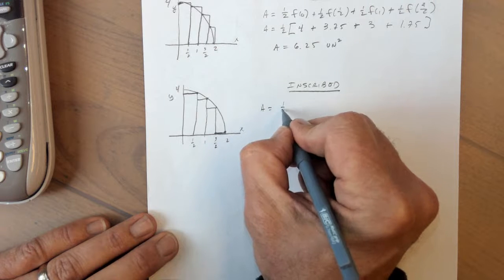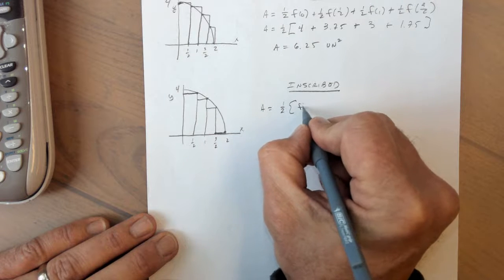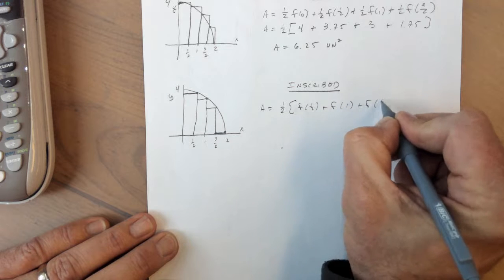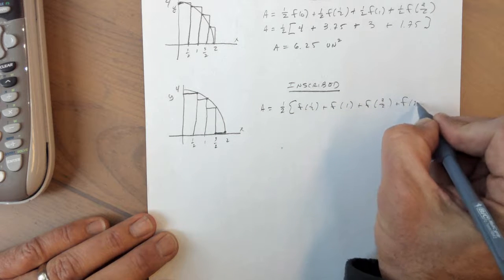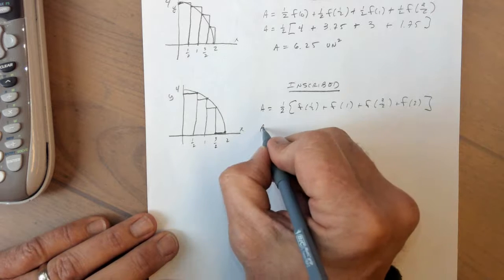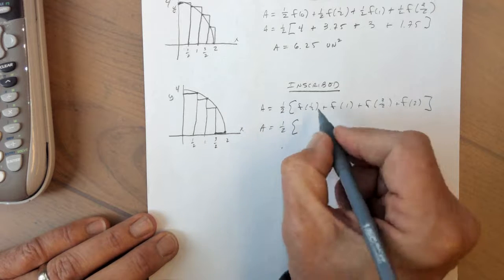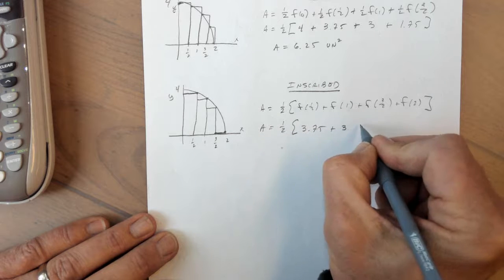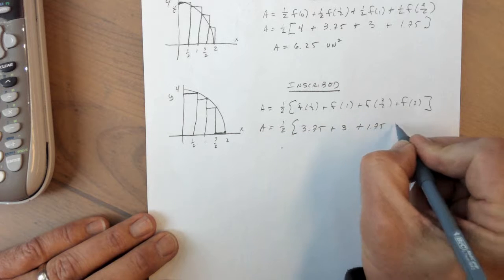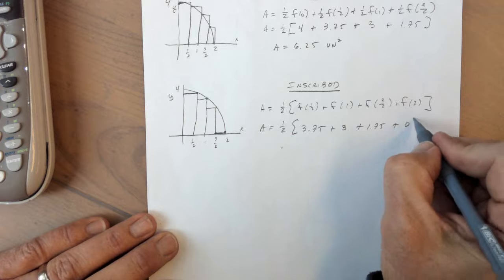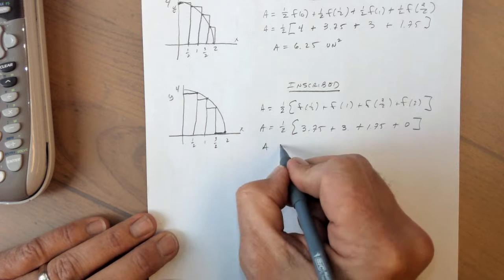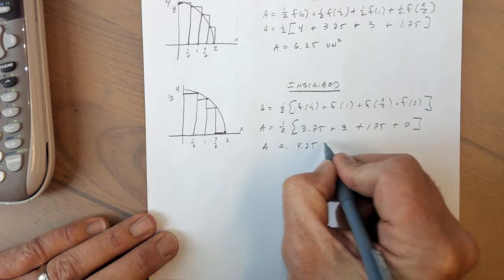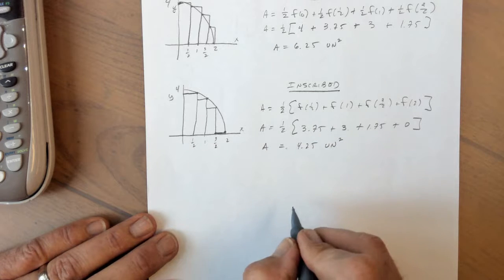So my area is 1/2 f of 1/2 plus f of 1 plus f of 3/2 plus f of 2. And we've already computed 1/2, 1, and 3/2. So I'm going to just use those values here. F of 2 we can see is 0. And so now when I add those up, divide by 2, we get 4.25 square units.